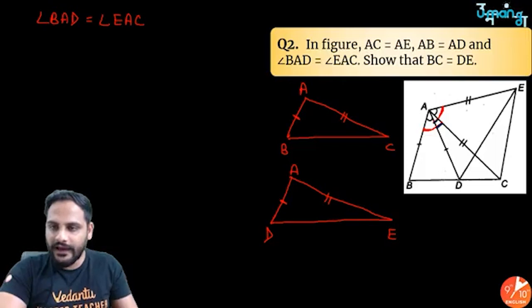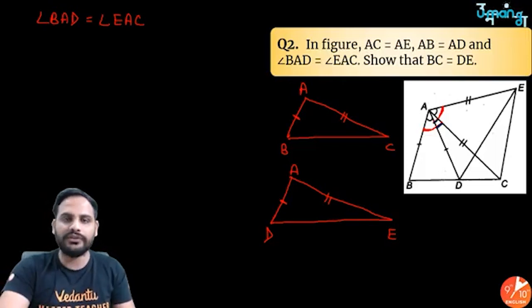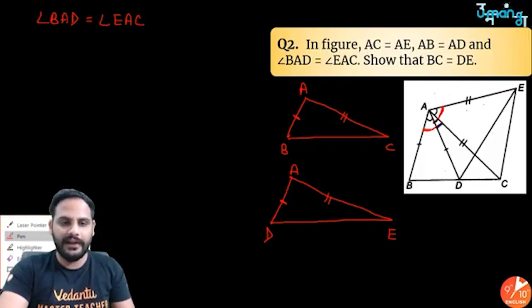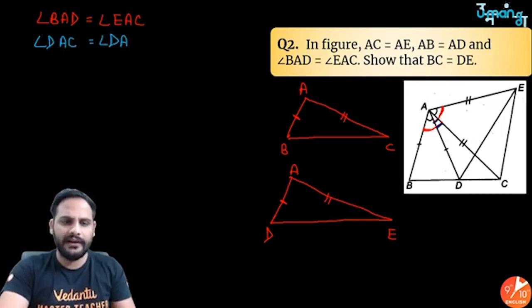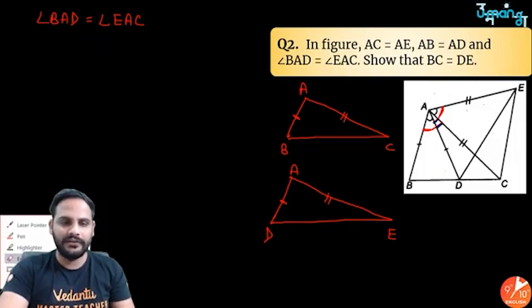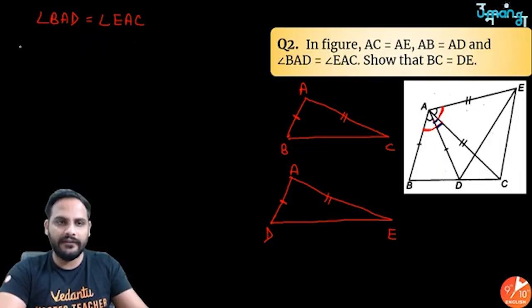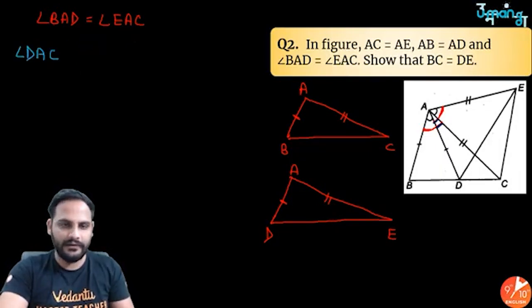So if I add angle DAC on both the sides of this equation, angle DAC and angle DAC on both the sides, we can add anything on both the sides of an equation, right? That is all correct. So let us add that. I will add angle DAC on both the sides of this equation.